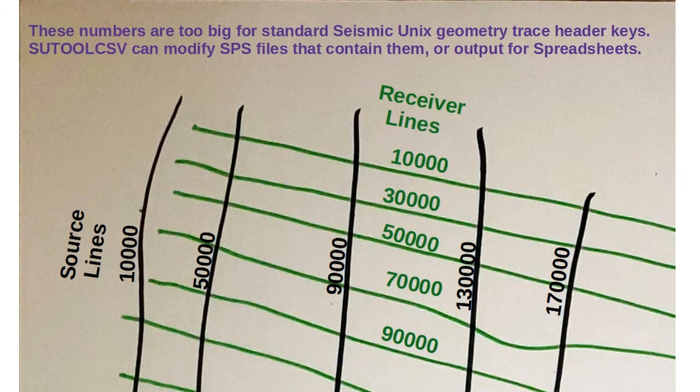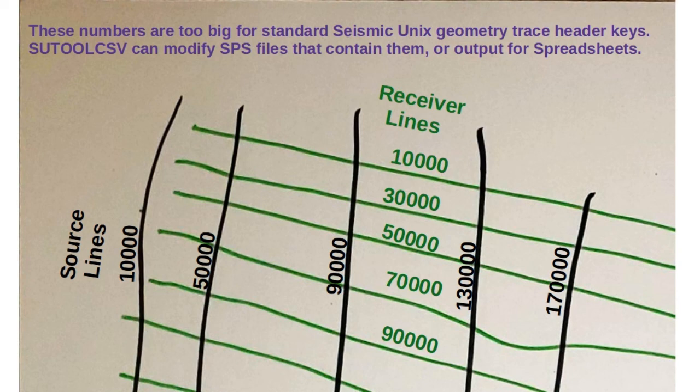This image shows line numbers which are too big to be used in many keys in Seismic Unix trace headers. Many Seismic Unix keys can only store values less than 32,767. So you may have to modify your SPS line and point numbers for use in Seismic Unix.